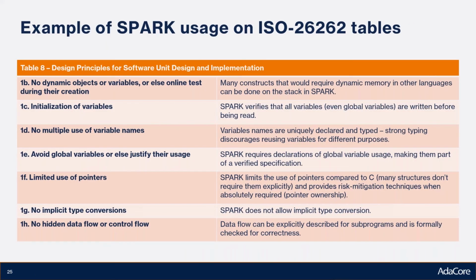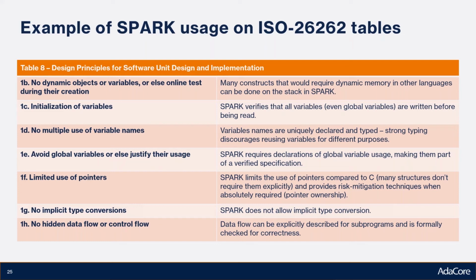Some of the requirements in ISO 26262 are satisfied just by choosing Spark as a programming language. Fundamentally, by language construction, Spark ensures that these requirements are met. Otherwise, the program is rejected. For instance, 1C, initialization of variables.